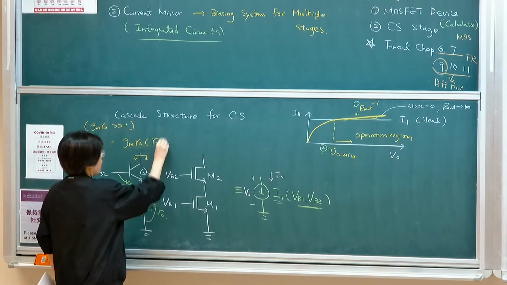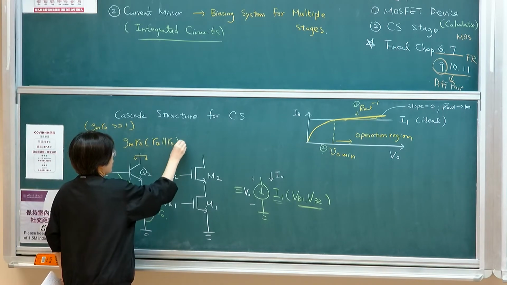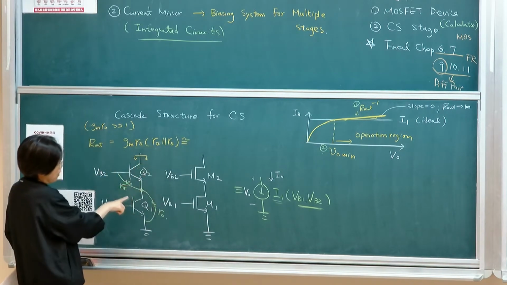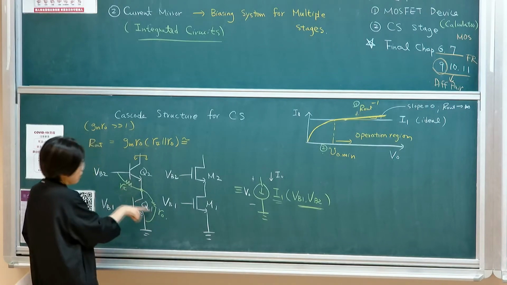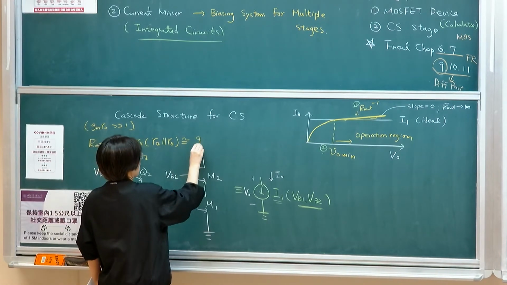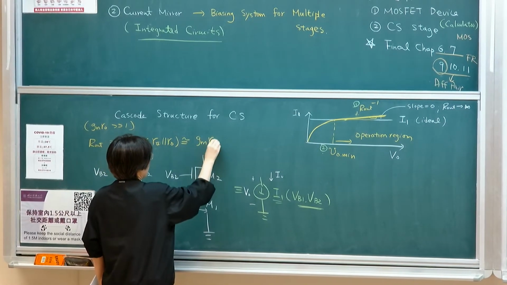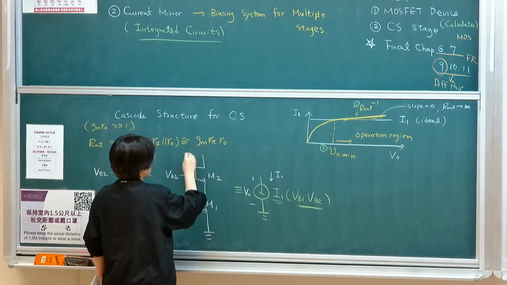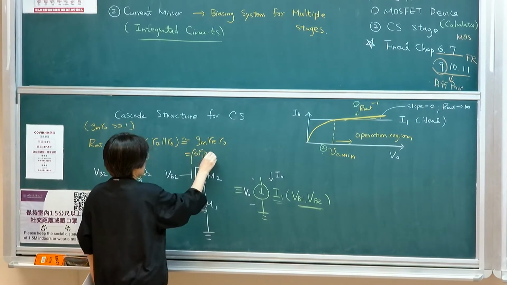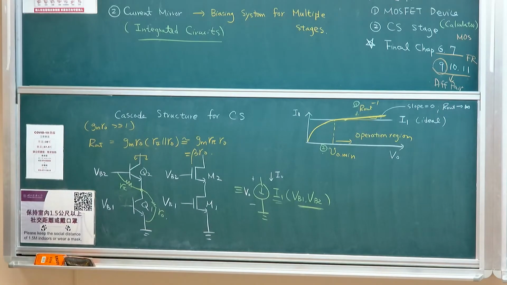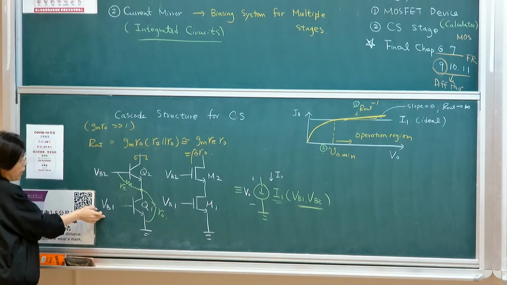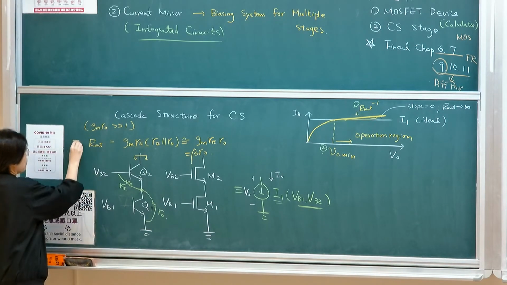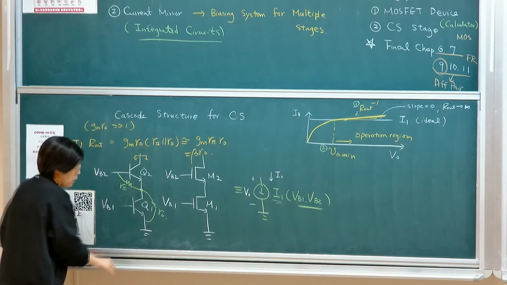So you can simply say that as this. And then it's approximately, because r pi is much smaller than ro, therefore it's approximately gm r pi ro, therefore it's beta ro. So this is what happens for the BJT version for circuit number 1.